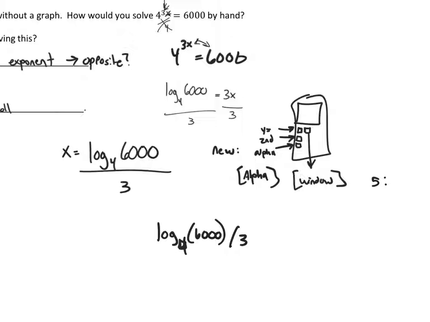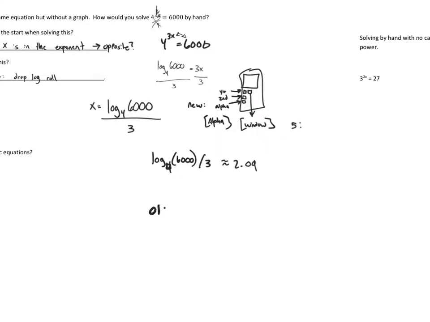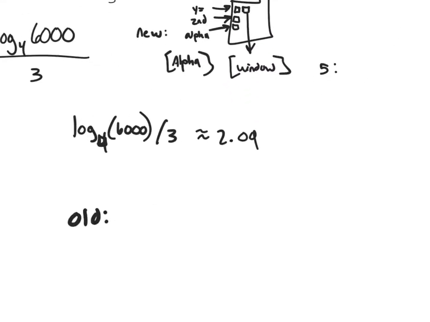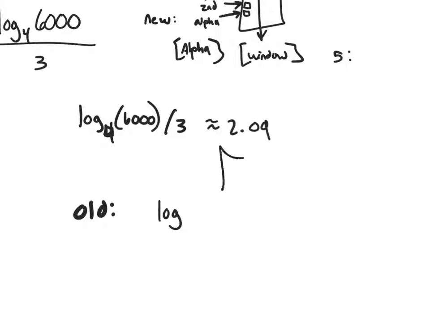When you do that, you'll notice that you get the same answer that we had up above, which is approximately 2.09. If you have the old calculator, you'll need to do the change of base formula. You'll push the log button, which on a calculator is about halfway down. Right here it says log.